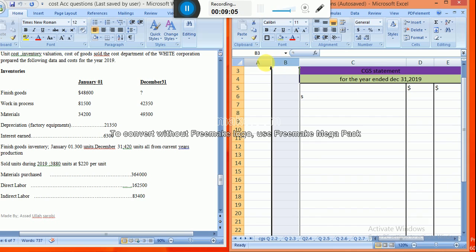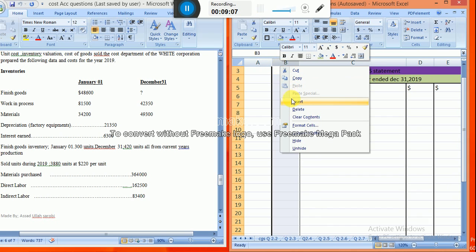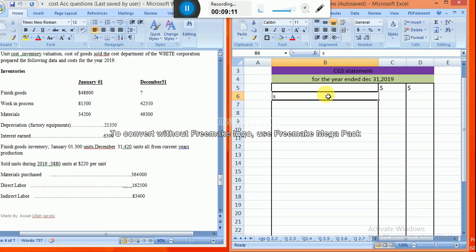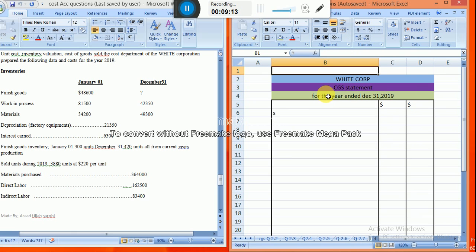So if you look here, the name of the company is White Corporation, then the CGS statement, then for the year ended December 31st, 2019. We are going to prepare the CGS statement for the year 2019.